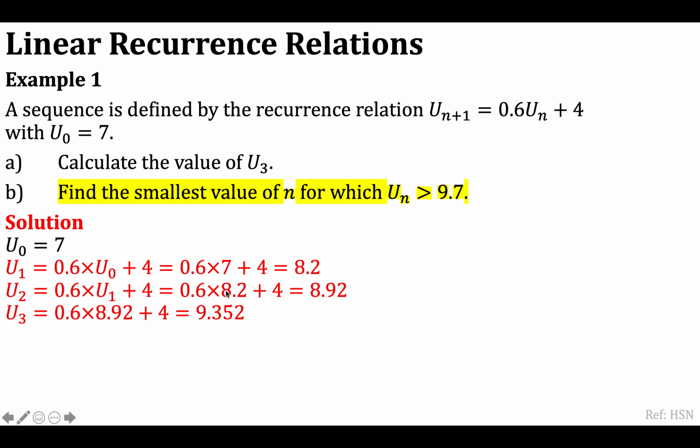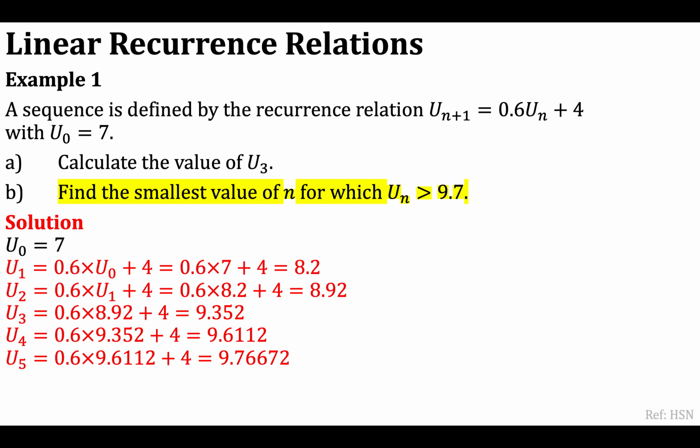My largest term so far is 9.352, so it's not quite 9.7 yet. u_4 will be equal to 0.6 × u_3, which was 9.352, plus 4, and that is equal to 9.6112. u_5 will be equal to 0.6 × u_4 + 4, and that gives me 9.76672. Now, that is greater than 9.7.